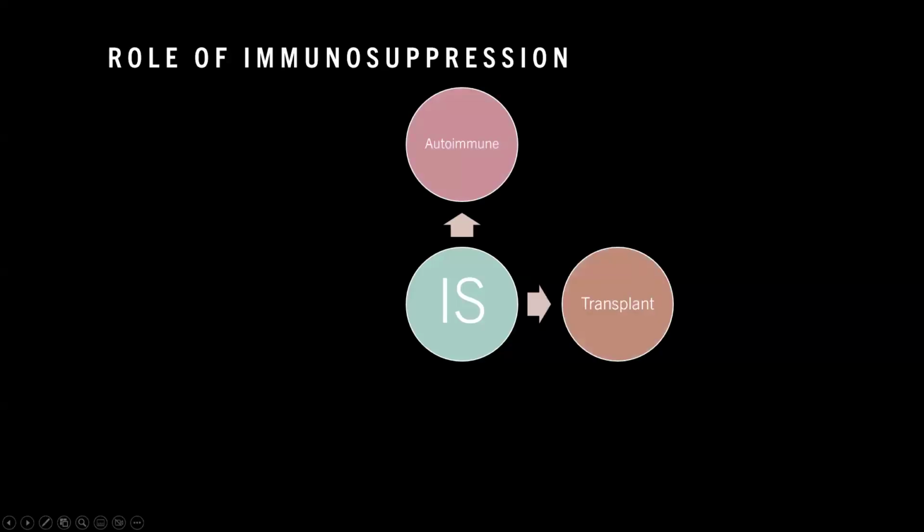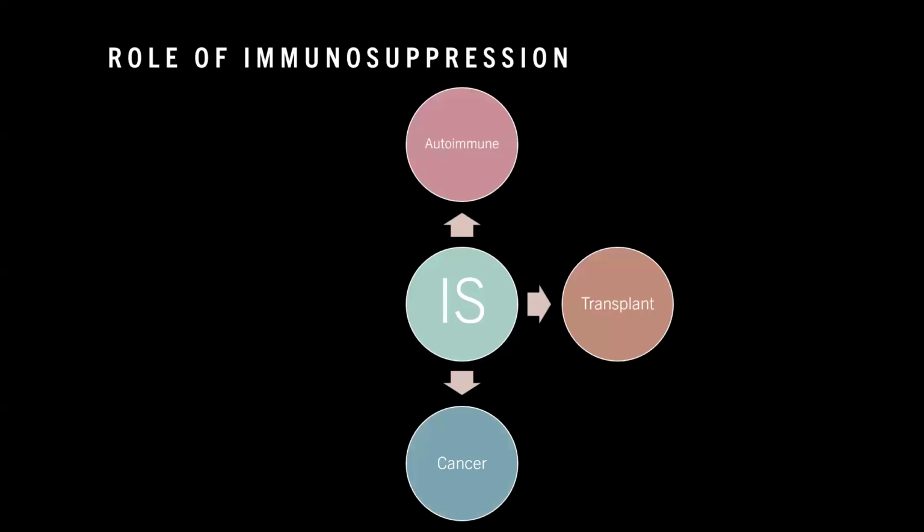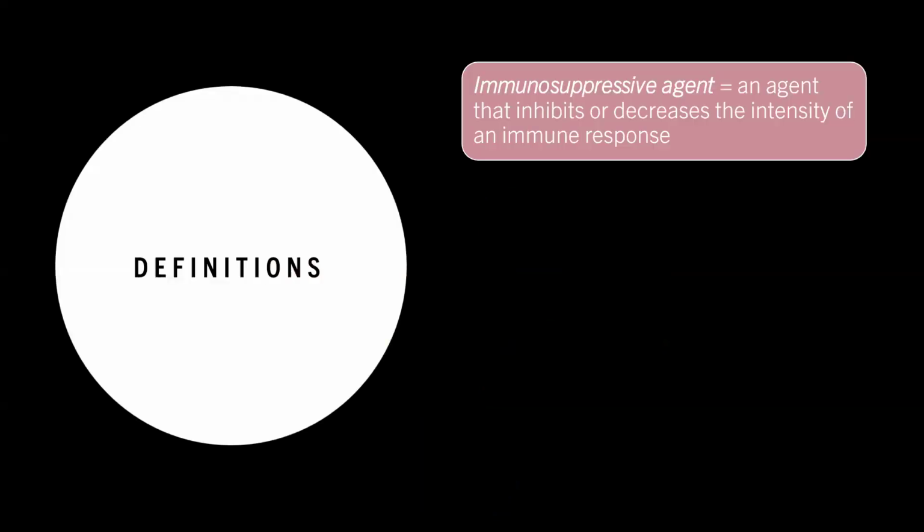It's trying to suppress your immune response when you've had an organ transplant, to prevent the host from rejecting a donor organ. Sometimes it's about dampening an immune response as cancer therapy, and sometimes about dampening an immune response to a pathogen like TB, or in other immunological therapy, in terms of an immune reconstitution inflammatory syndrome.